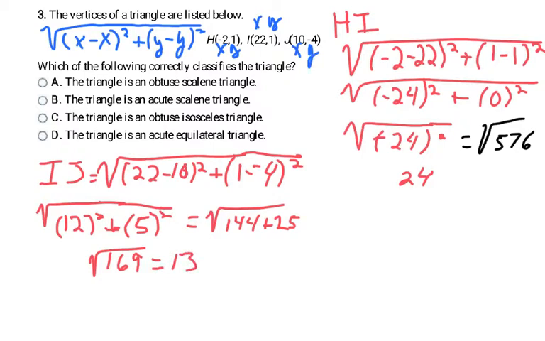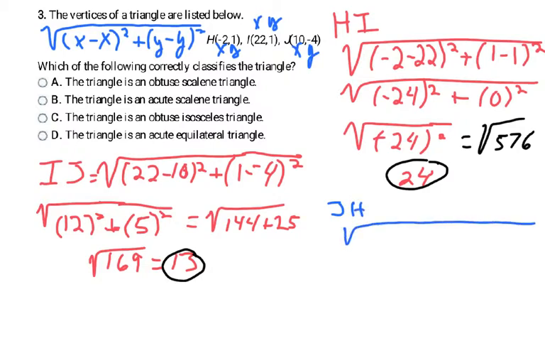So I have one side that's 24 units long and another side that's 13 units long. So the last thing I have to do is calculate the length of J to H. So I'm going to go ahead and do that. The x coordinates of J and H, I mean, you can write it either way.